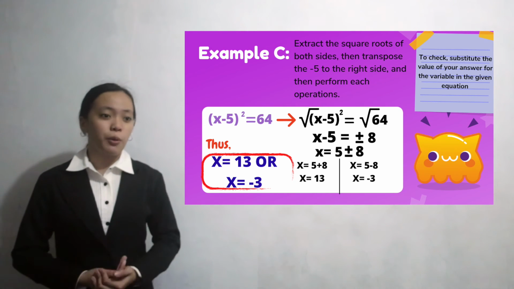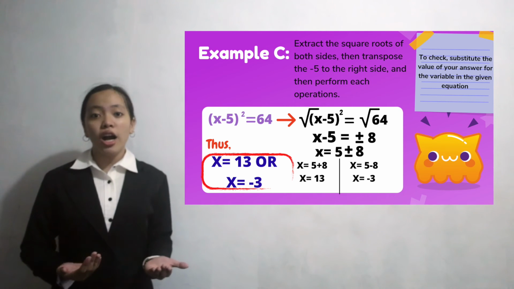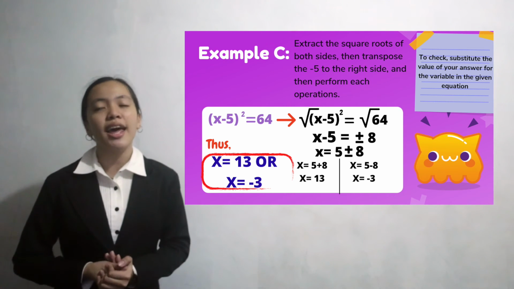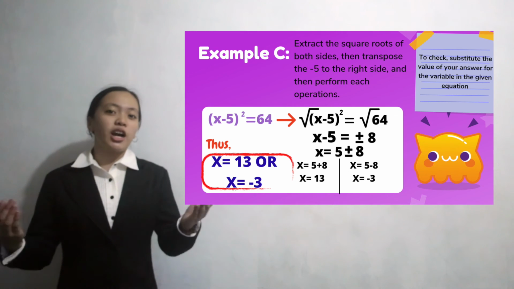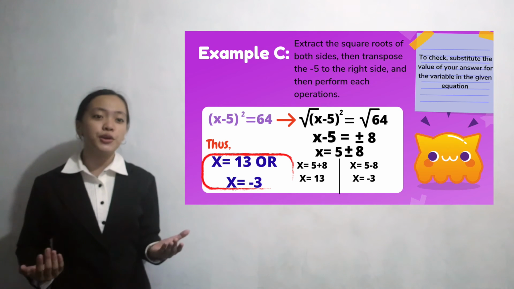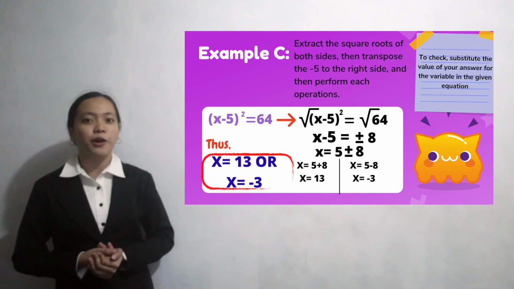Thus, the roots of the equation (x minus 5) squared equals 64 are x equals 13 and x equals negative 3. And to check our answers, we just substitute the values of our answers for the variable in the given equation. And that is how you solve a quadratic equation by extracting the square root.